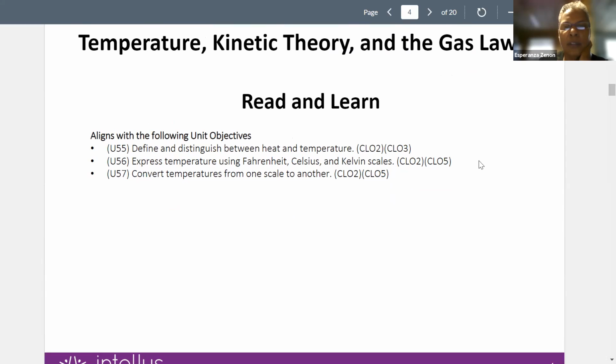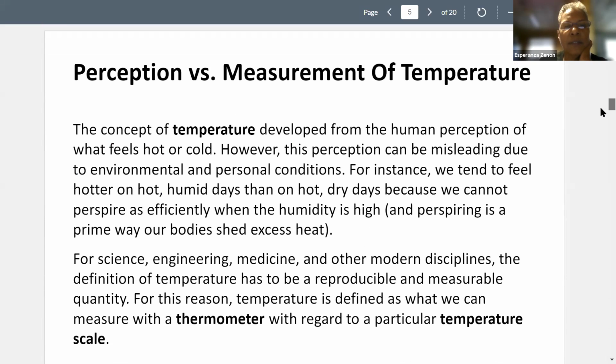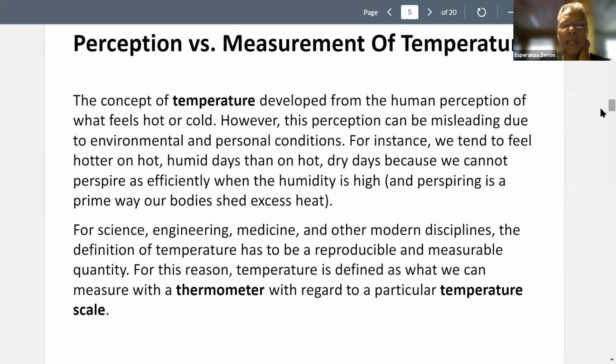And so you can see here that while these notes deal with kinetic theory and the gas laws, I don't focus on them here in this course because if you take a chemistry course, you will definitely be exposed to those in greater detail. So I'll save that for the chemistry course that you have to take. All right. And so my focus in this packet will be on temperature.